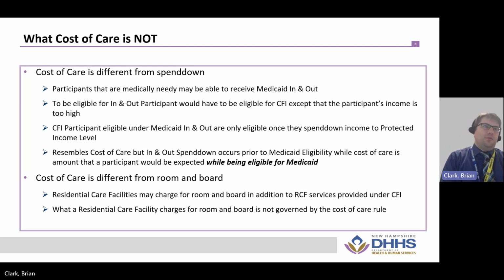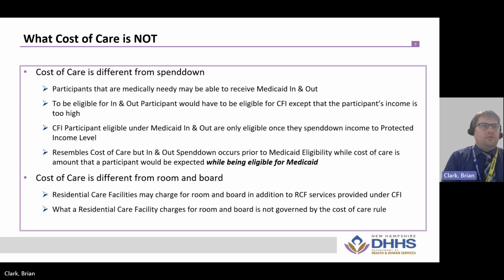That resembles cost of care because in and out, spend down is the beneficiary contributing to their Medicaid costs, but it's different because in and out has to be paid prior to being eligible, whereas the cost of care is the amount that a participant would be expected to contribute while being eligible for Medicaid.